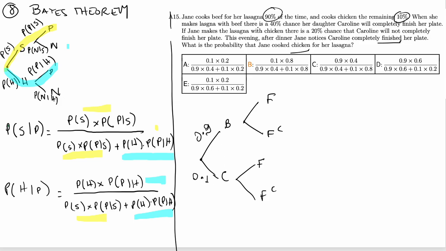Now, if it's beef, there's a 40% chance that Caroline will finish. So if it's beef, here's 40%. What else? If it's chicken, there's a 20% chance that Caroline won't finish. So if it's chicken, she won't finish with 20% chance.